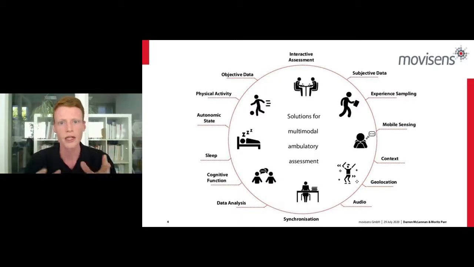So you have the possibility to use the captured objective data from participants, for example, the physical activity, and use these special parameters to trigger, for example, questionnaires on the experience sampling platform using the smartphone of the participant to capture truly insightful data and combining objective and subjective data for your research.